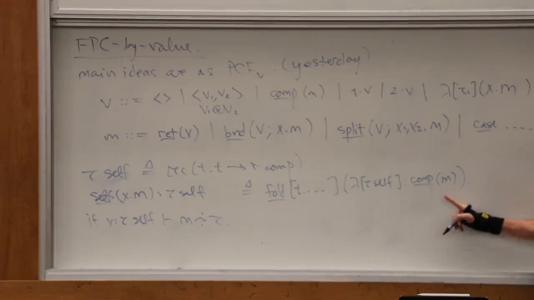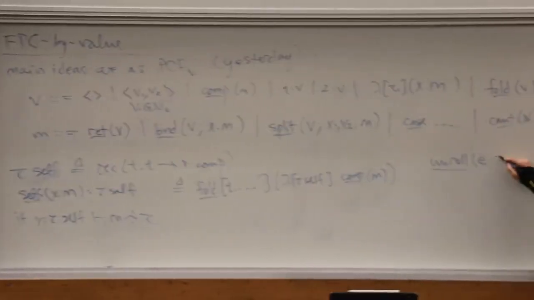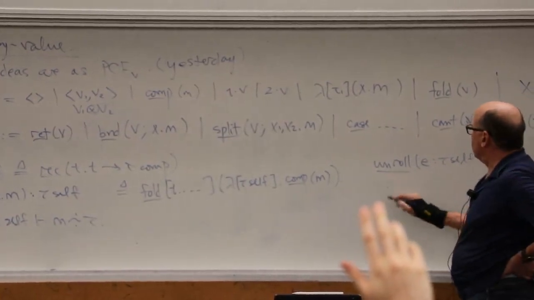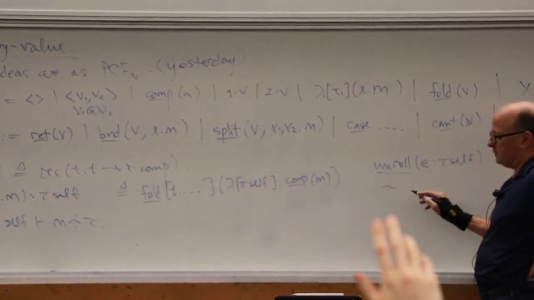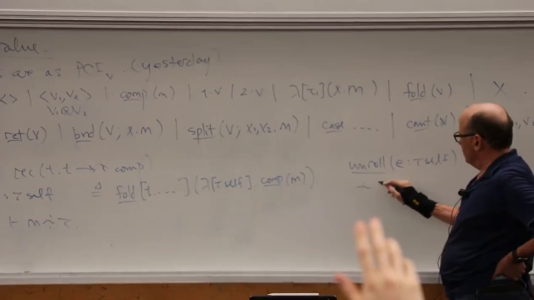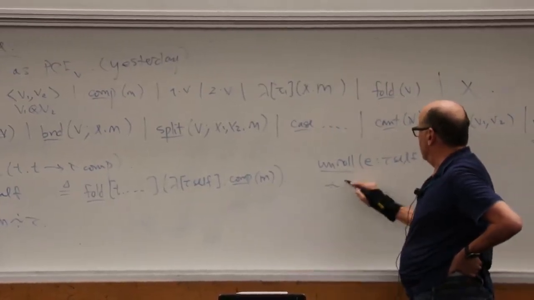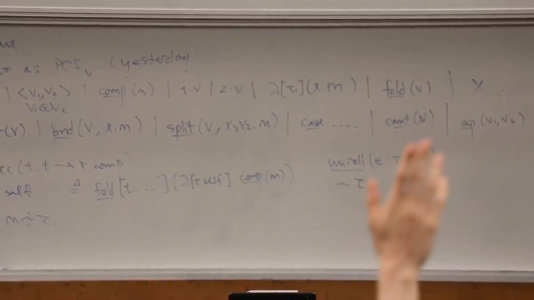So the typing of that should work. And then the only thing you have to worry about is what happens with unroll. Now that's a little bit of a thing. So this is going to be a tau self, just like before, and I want this whole thing to be weakly of type tau, I guess.